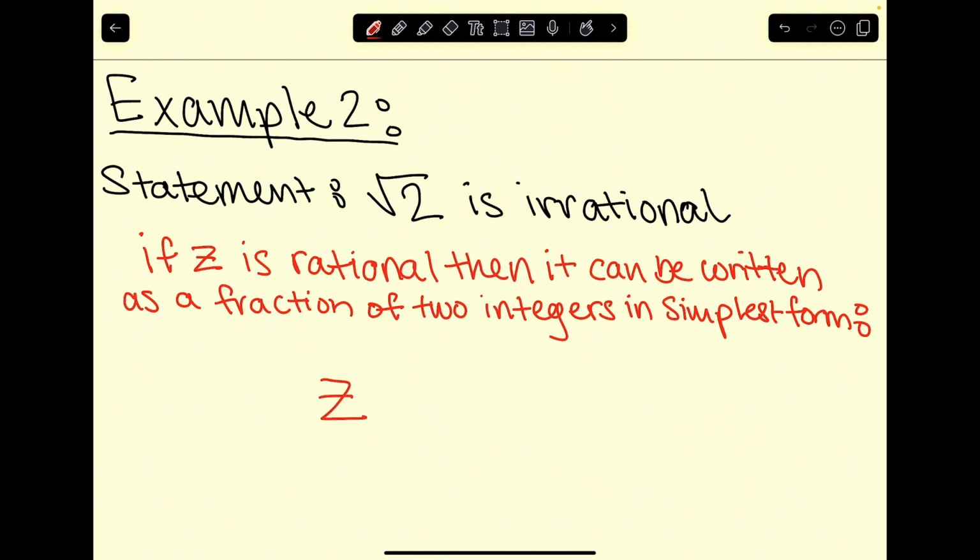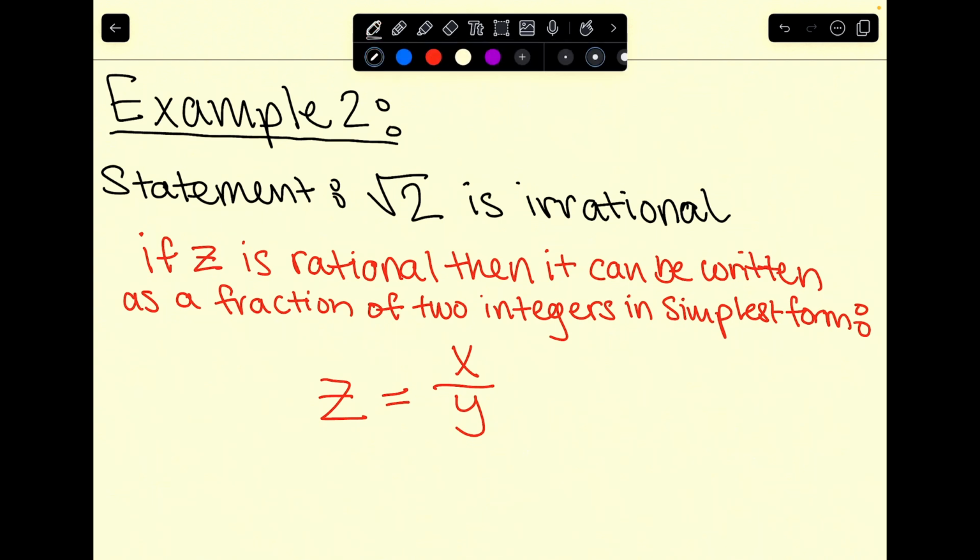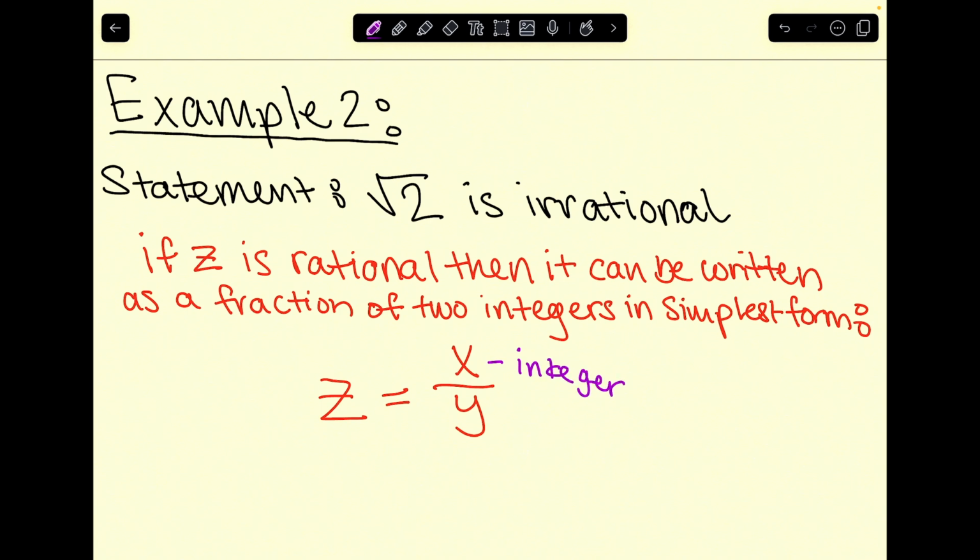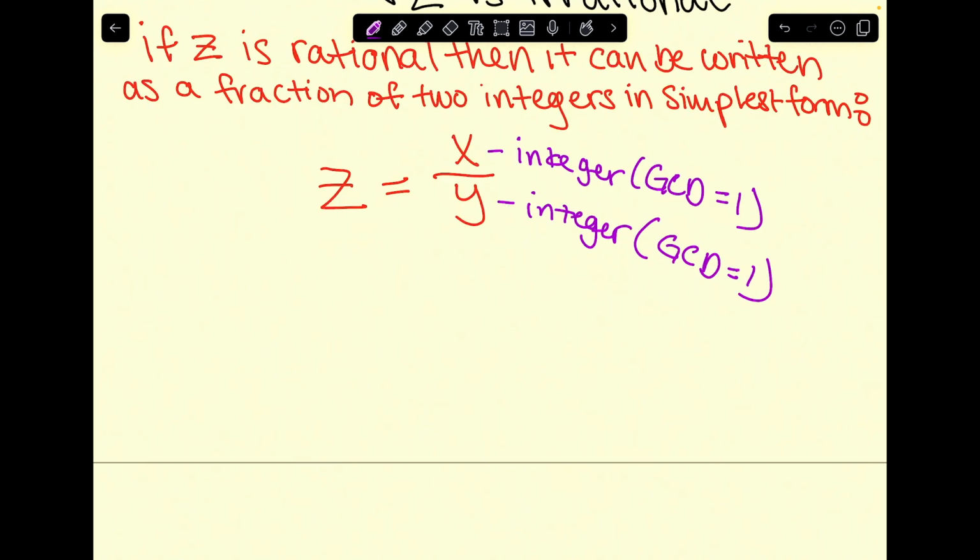So z could be written as x over y, where x is an integer and y is an integer. And these integers are coprime, which means that their greatest common divisor is 1. GCD equals 1. So for square root of 2, that means square root of 2 can be written as a fraction of 2 integers.